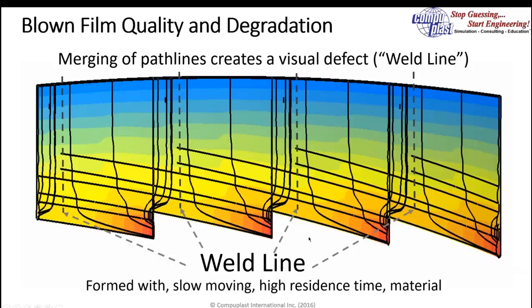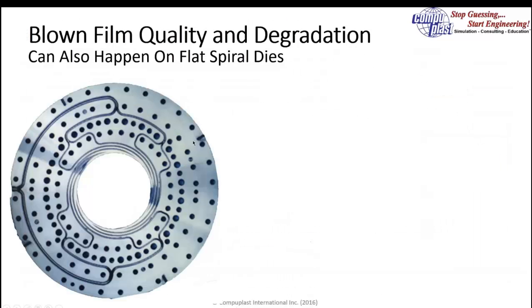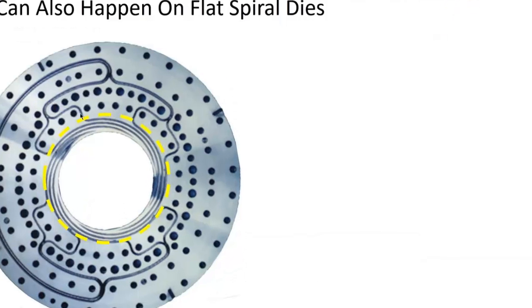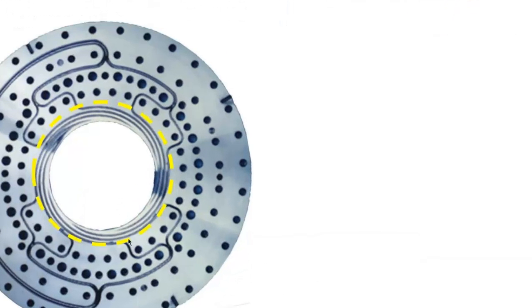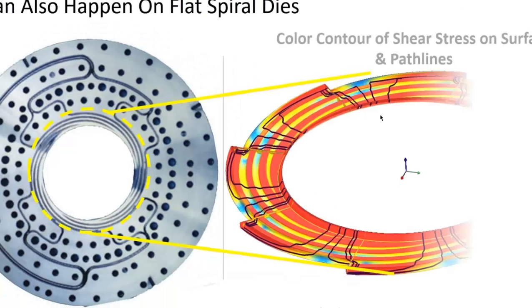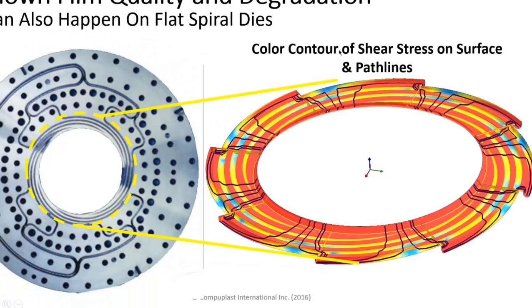A similar result has been seen on the so-called flat spiral dies or stack type dies. If we analyze the spiral distribution system in here, we've seen systems that have the same problem. Here we're showing a color contour of the shear stress on the surface along with the path lines. Blue is low stress, red is high stress.